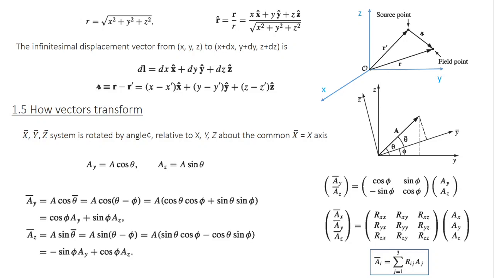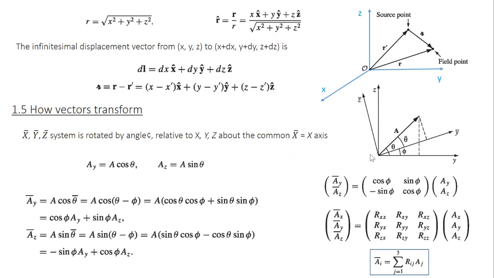Now if you have to remeasure every time you make a switch of the coordinate system, this is going to cost you a lot of time. On the other hand, if you can write the new coordinate system using the old coordinate system, then that's going to save you a lot of time. So this is known as a vector transformation.